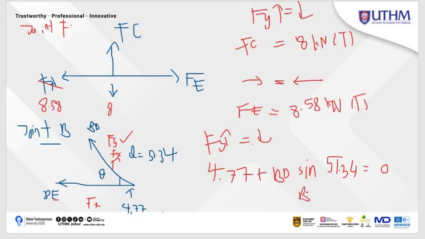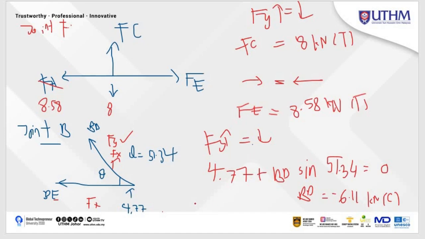So we will have BD. This one will be a compression due to the negative value. So BD will be 6.11 kilonewton. The truss member force is in compression.